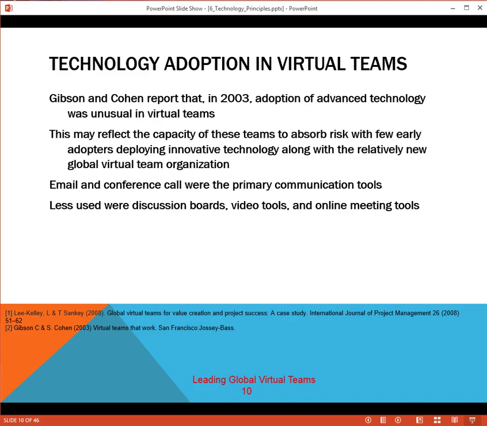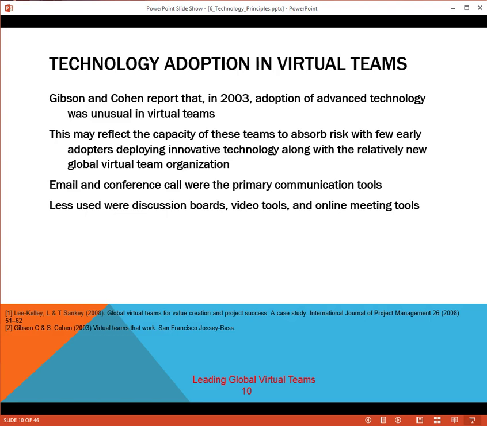The first is a great deal of risk just reorganizing into a virtual team. Then add on top of that the risk of a complex technology, and the perceived risk of both factors may be too high.